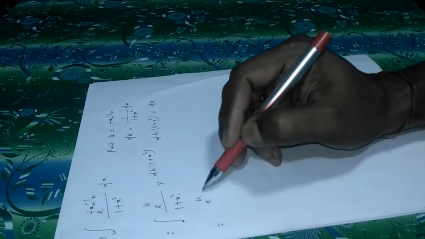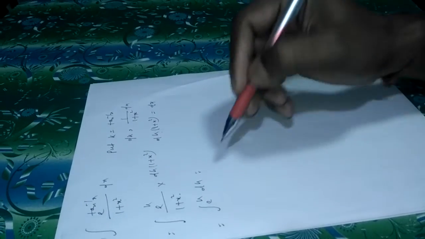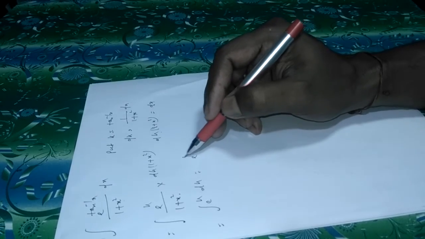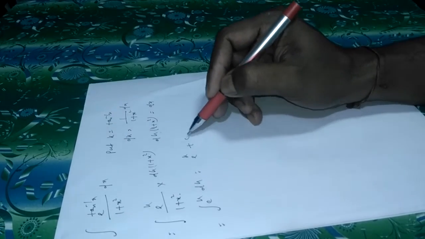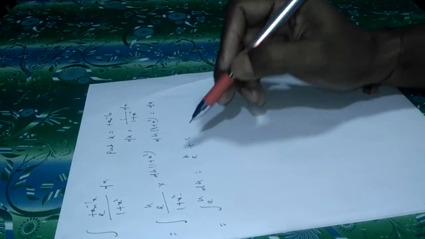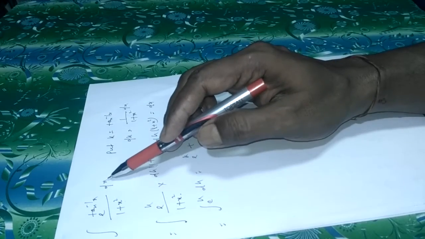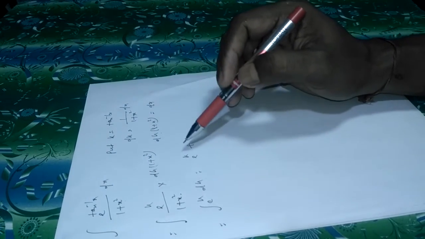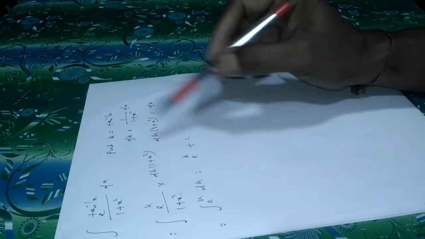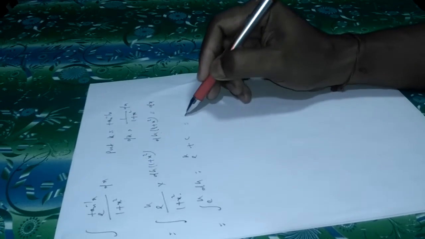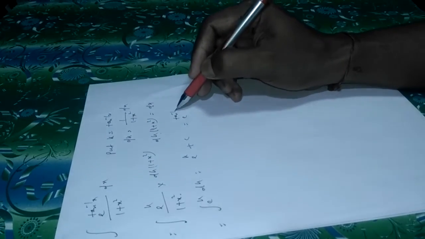The 1 plus x square cancels, leaving e to the power k dk. The integration of the exponential function is the same exponential function. The answer is there, but this is not complete because the question has given x. That's why it is converted to an x term. So k is tan inverse x. Put this value of k. So e to the power tan inverse x plus c.